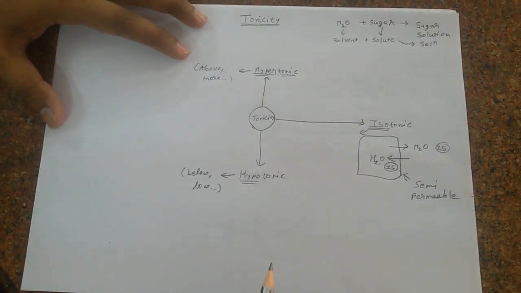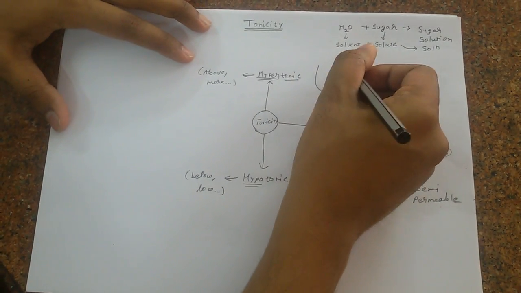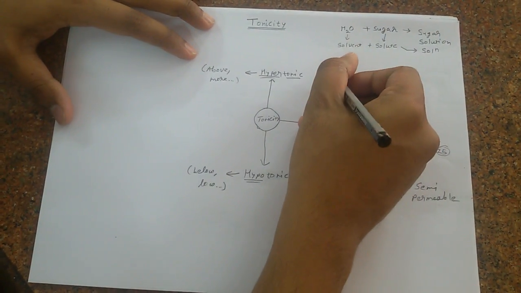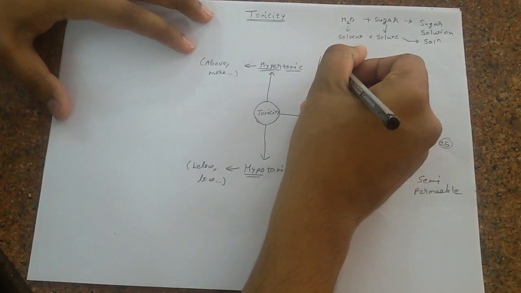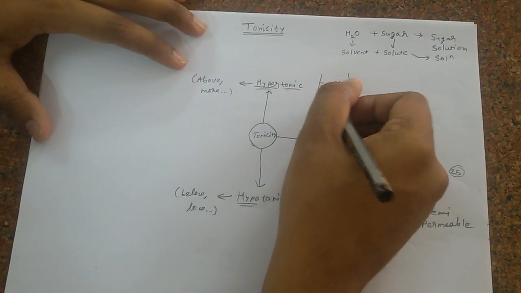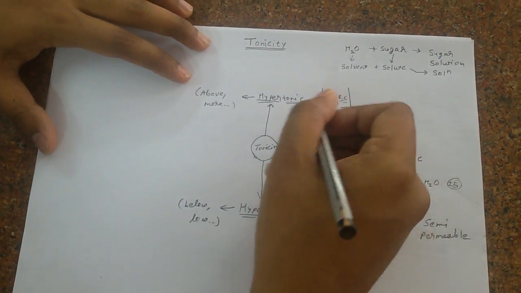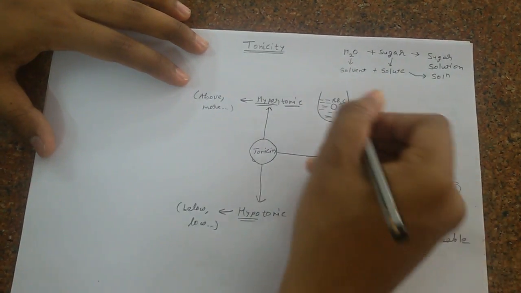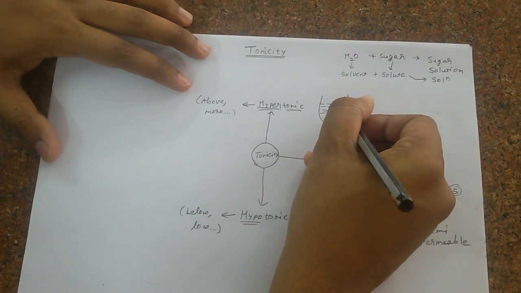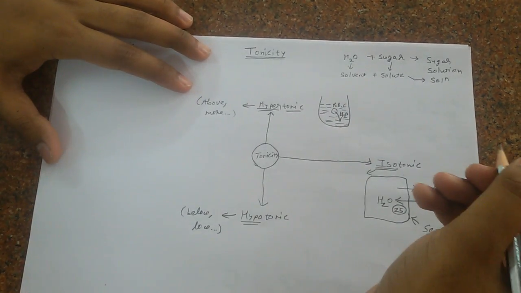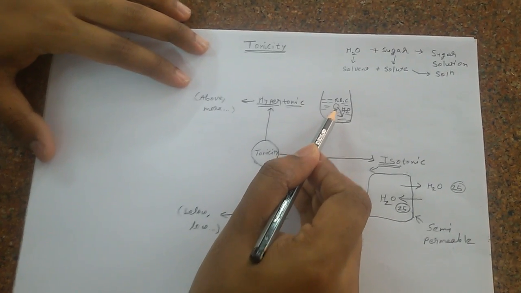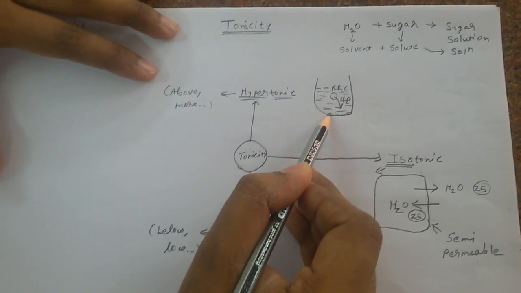Let's see what happens in case of hypertonic solution. If I take a beaker and in the beaker I take, say, RBC, and I am putting this RBC in seawater, concentrated salt solution. So in seawater, what happens to the RBC is the water from the RBC will move out. Remember, water moves out of the cell because it moves from more concentration of water molecules to lower concentration of water molecules, right?